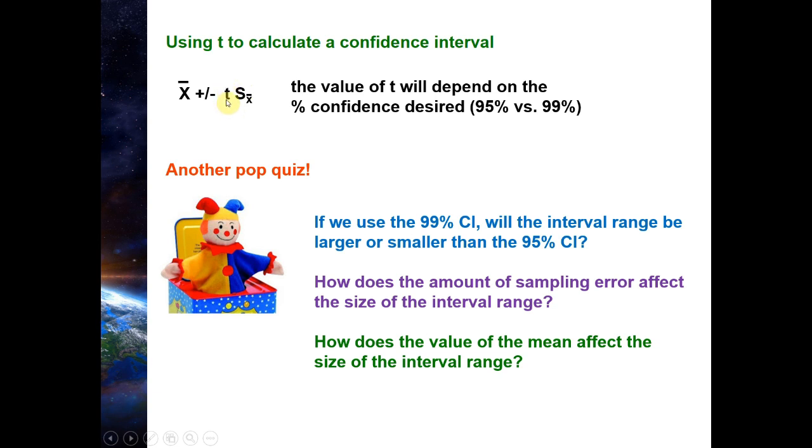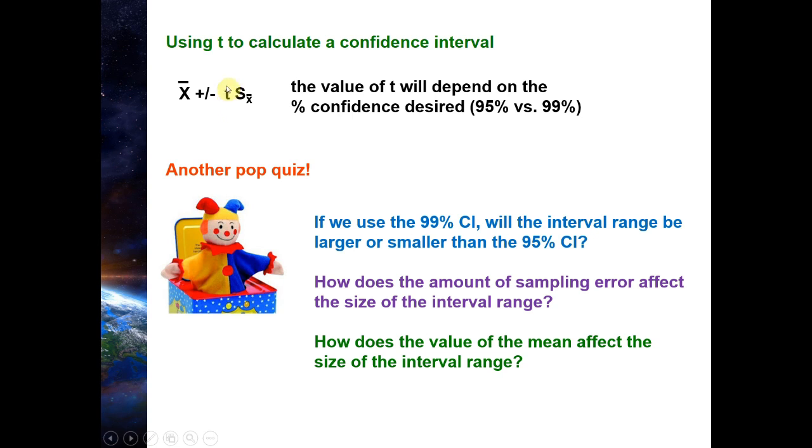Remember, there's only two things that affect the size of the confidence interval. All right? So it's the sampling error, right? How much sampling error you have, and the value of t or z. And the value of t or z is going to depend, well, do you want the 68% confidence interval, the 95, or the 99?